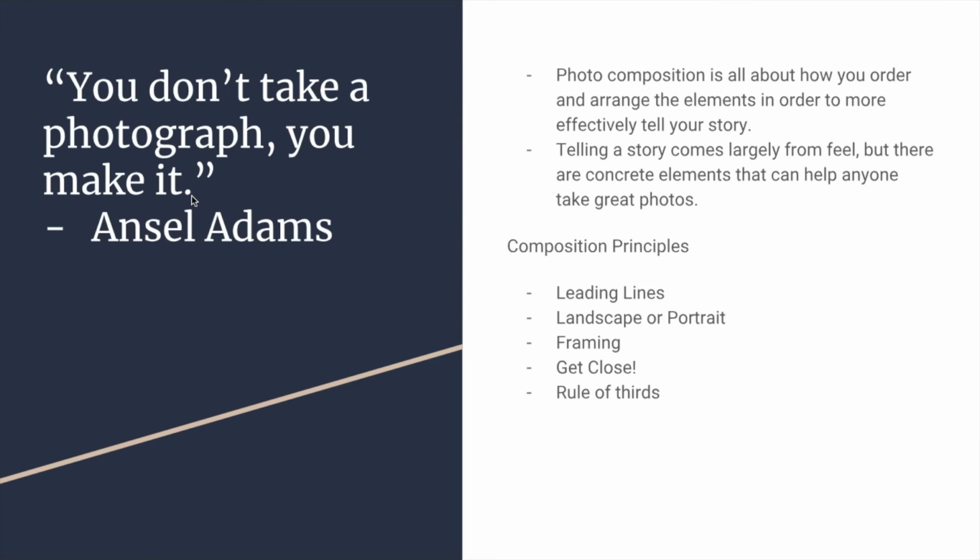So the composition principles that we're going to discuss specifically are leading lines, landscape or portrait orientation, which really is as simple as the way you're going to hold the camera, but can be as complicated as the way that you crop a photo or focus the action in a certain shape.